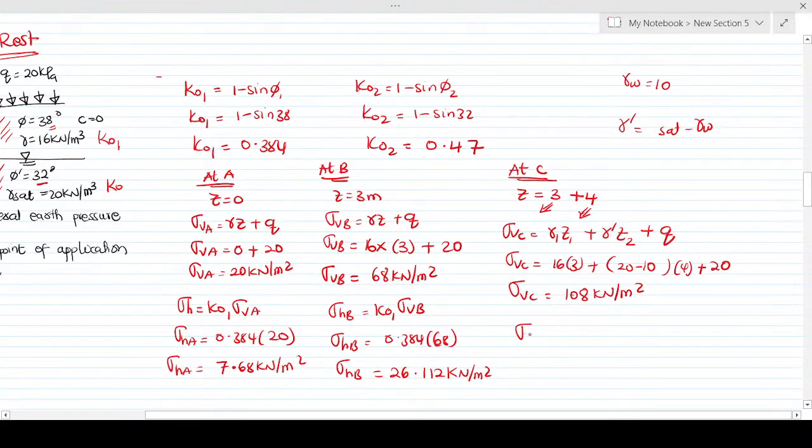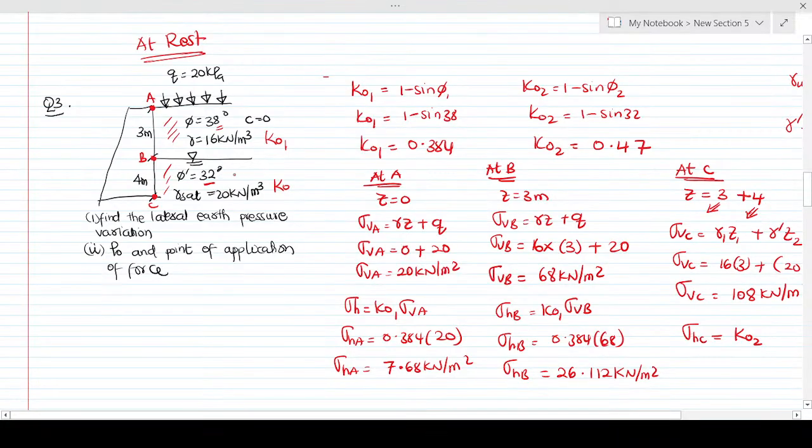So my lateral at C will be... K naught 2, because now in this case we are working in this region, right? So in that case we are working in that region.